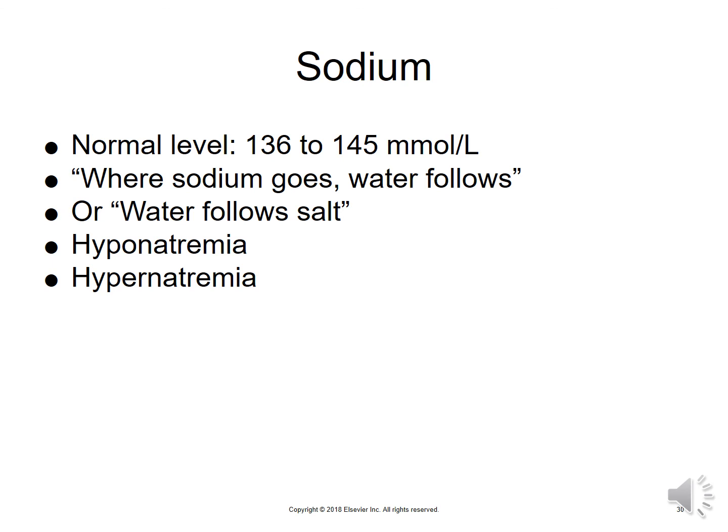It is vital for muscle contraction, cardiac contraction, and nerve impulse transmission. Sodium balance is regulated by the kidneys under the influence of those hormones we talked about: aldosterone, antidiuretic hormone, and the natriuretic peptides.